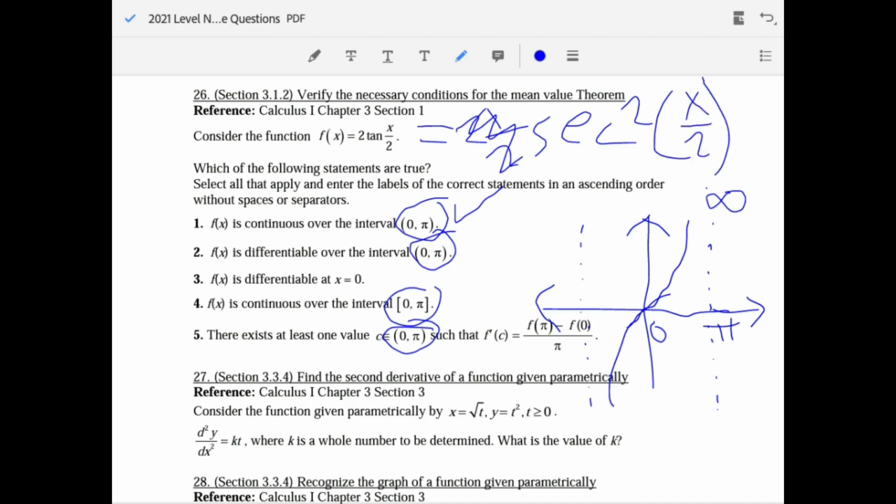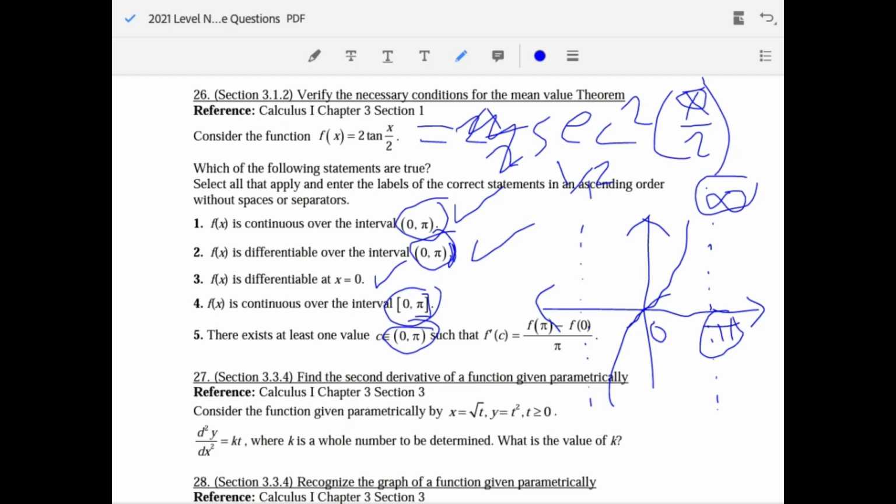Then when you substitute pi over 2, you get cos equal to 0, so it becomes 1 over 0, so infinity. So it's not differentiable at pi, but since there's an open bracket here, it's fine. Is it differentiable at x equals 0? Yes, because if you substitute 0 in here, you get 1 over 1 squared, which is 1, so it's allowed. And then here is where they include the bracket.